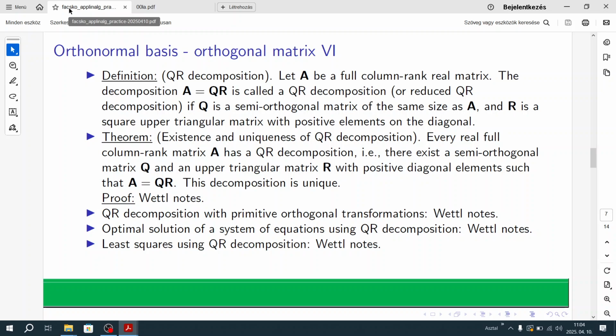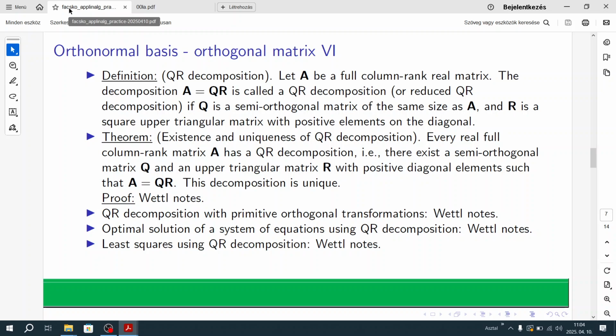Okay, so this QR decomposition exists. You have a matrix, and you can create a product of a semi-orthogonal matrix and an upper triangular matrix. This is very useful for solving systems of linear equations, doing inversions, and a lot of things.